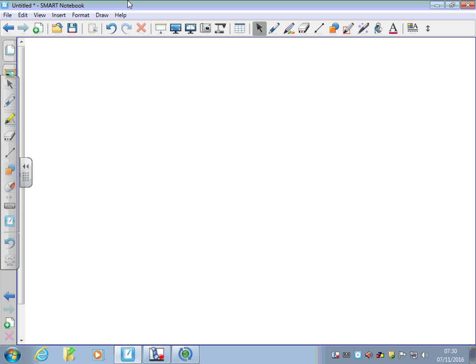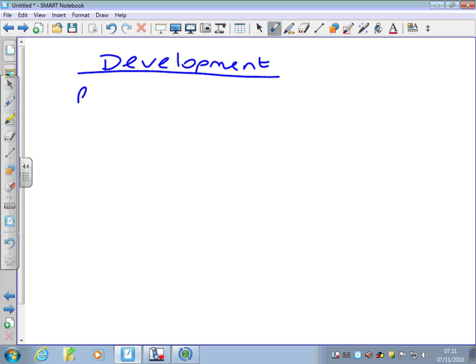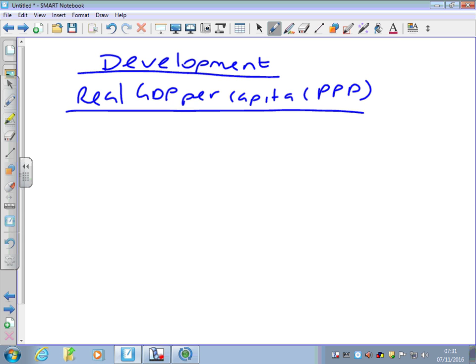Right, let's think now about how you would measure something like development in a country. Now, there are lots and lots of different ways of doing this. We often start off with something like real GDP per capita, PPP, purchasing power parity.